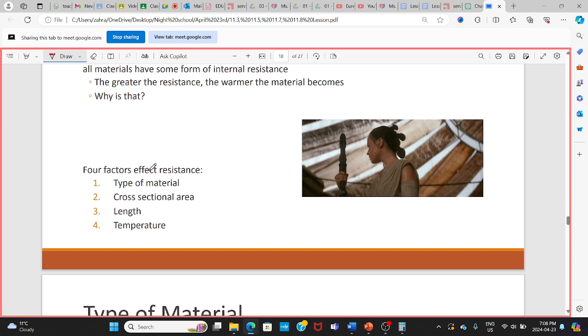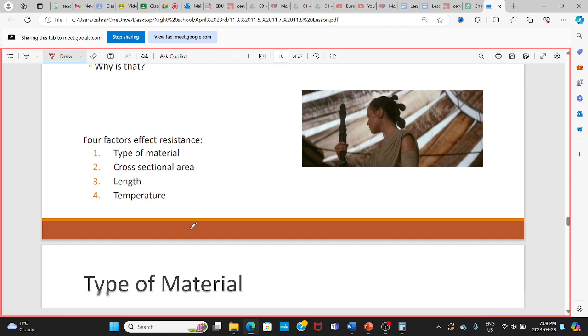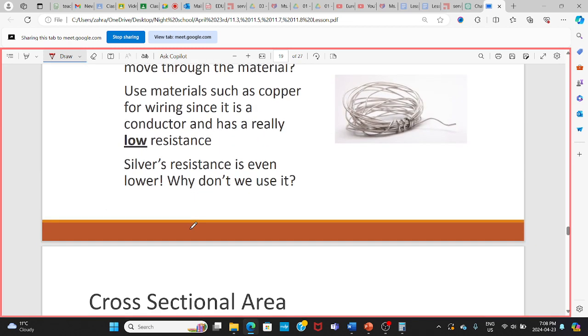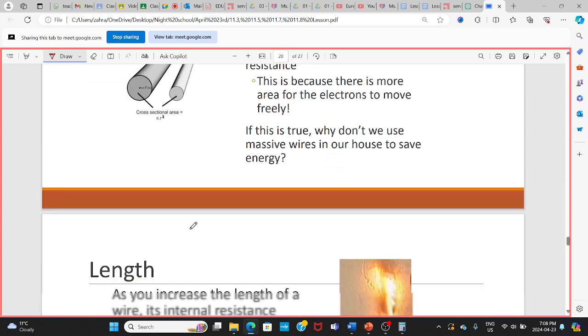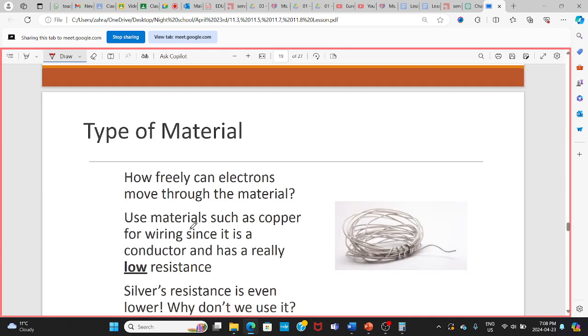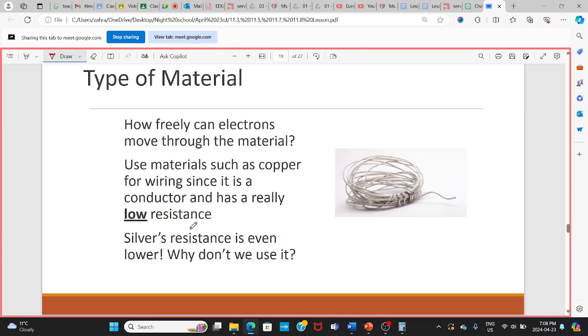So the factors of resistance: type of the material, cross-sectional area, length, and temperature. I hope that we have those equations. Yeah, we have. I'm just getting there. So, type of material: some materials like gold, silver, and copper are very good conductors and have low resistance.